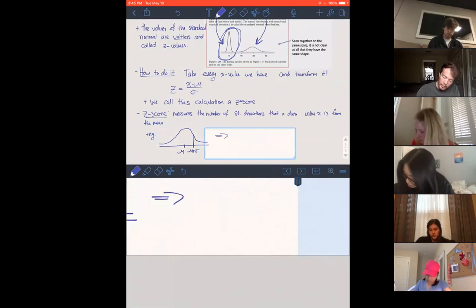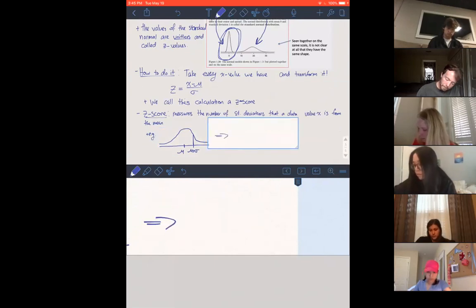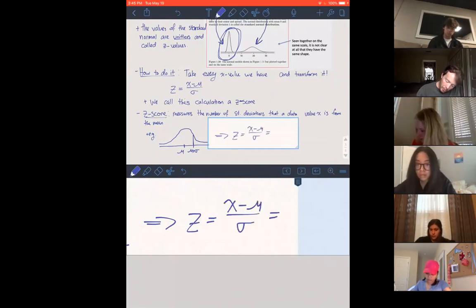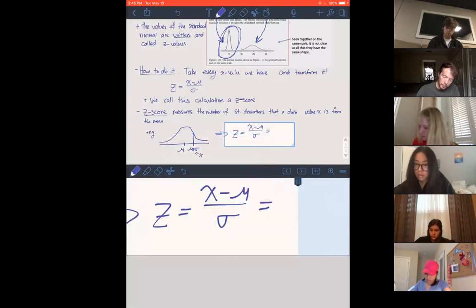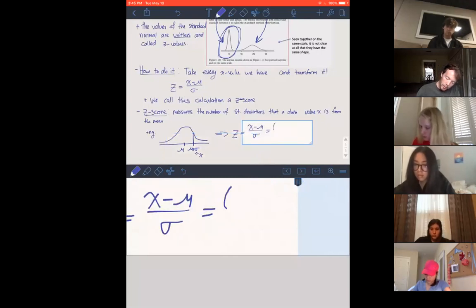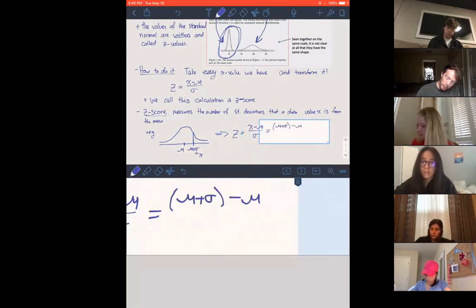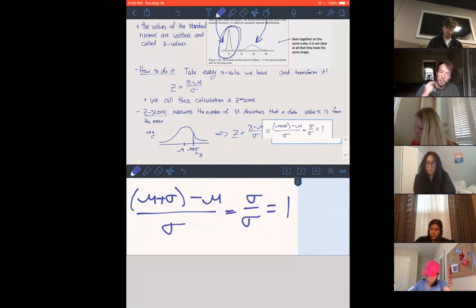Well, if I were to calculate the z-score here, z equals x minus mu over sigma, well, I'm going to call this my x. This is the x value I want to investigate. I want to find its z-score. Well, that would just be mu plus sigma minus mu, plugging in for x, over sigma, which is equal to sigma over sigma, which is equal to 1.